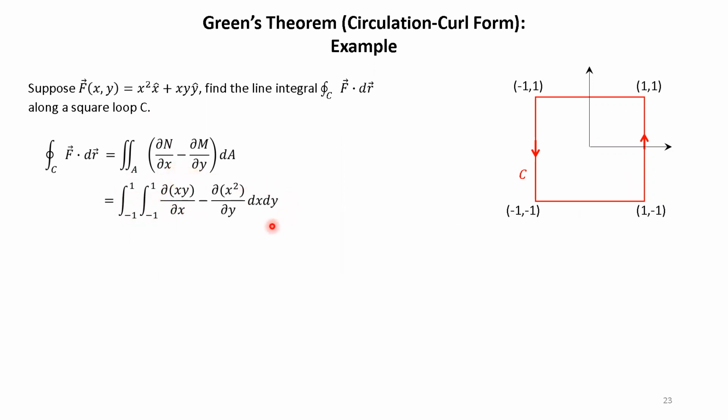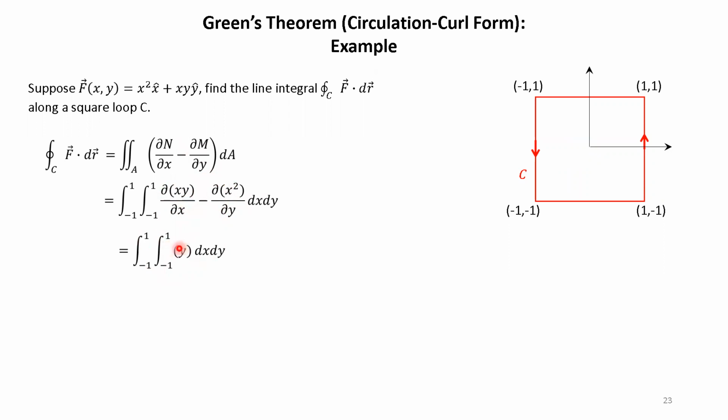So all you are thinking about is the last chapter: integrating a function of two variables over some region. And actually you'll see that the partial derivatives of these two are very simple. At the end, it's just y, because the partial of x squared with respect to y is just 0. So then you are doing a double integral of this y.